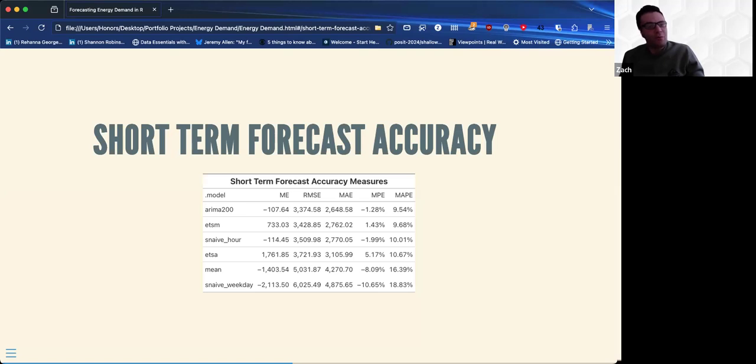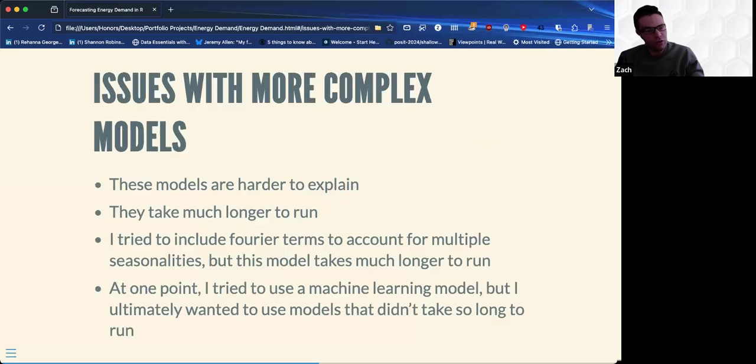Now, when we try to forecast for longer timeframes, so for some context, after I moved on from this first period, I tried to forecast a much longer time frame, and I tried to build more complex models, and that came with several issues.